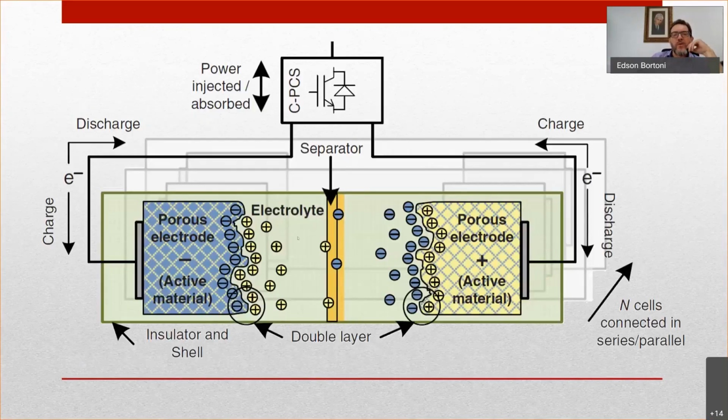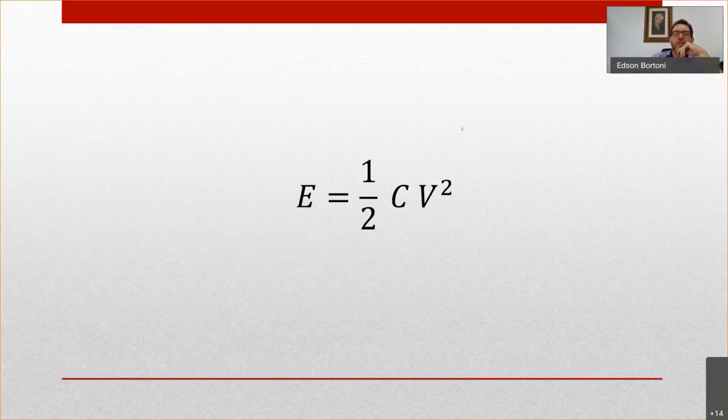So you can charge and discharge the capacitor here. The energy stored is half of C, the capacitance, times the square of V, the voltage. So you can save a lot of energy, mainly in high voltage capacitors.